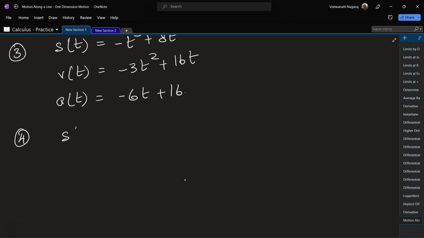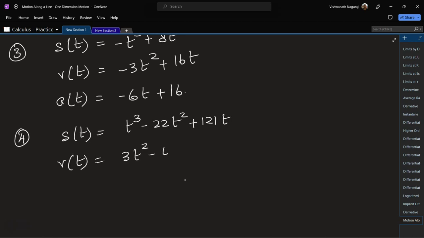Fourth one, s of t is given as t cube minus 22t square plus 121t. So v of t would be equal to 3t square minus 44t plus 121. Acceleration would be 6t minus 44.